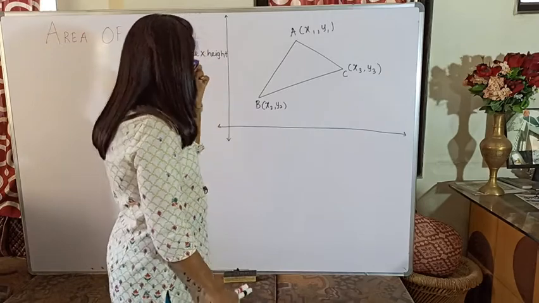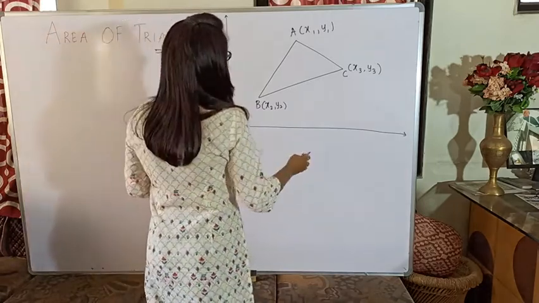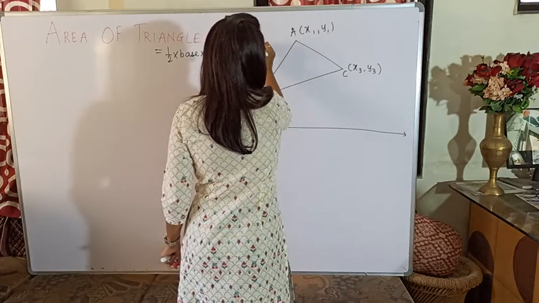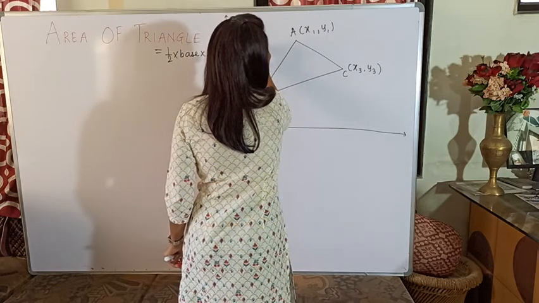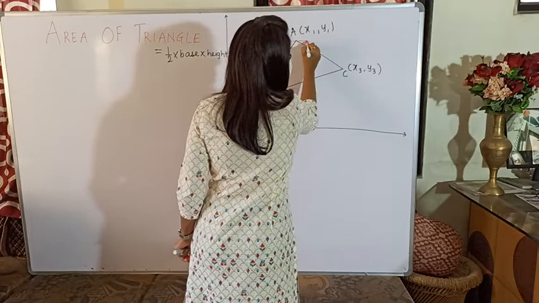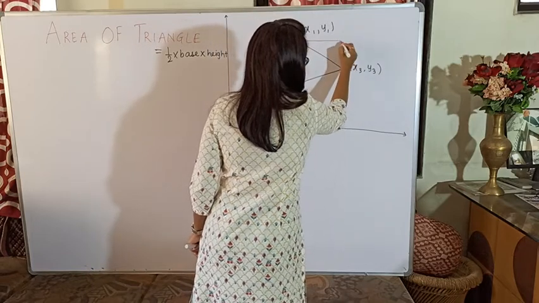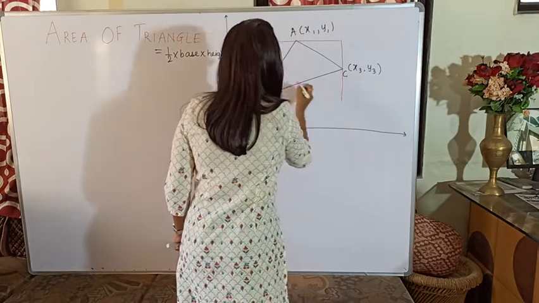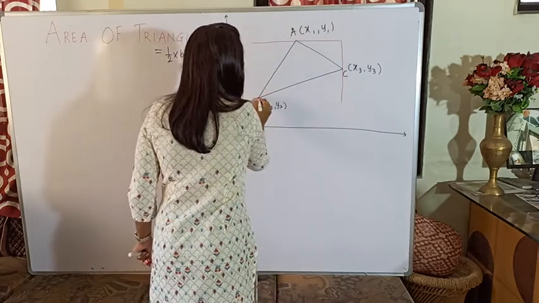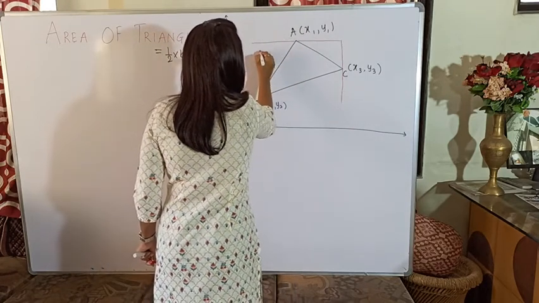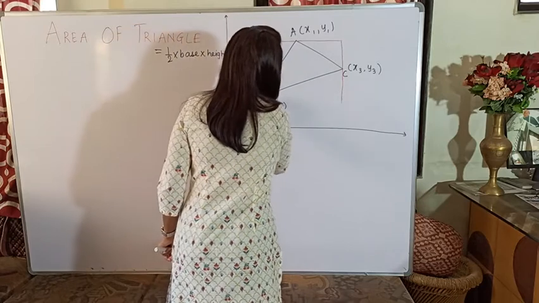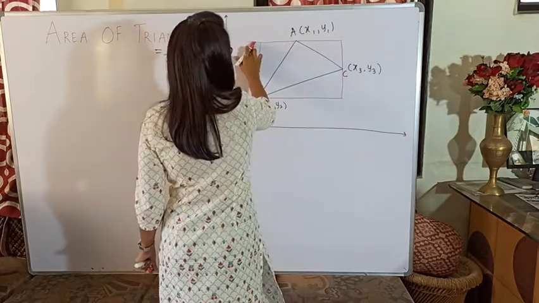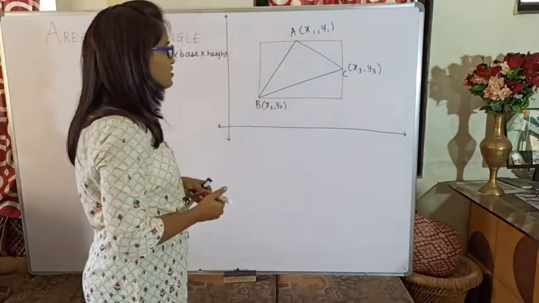Okay, so what I will be doing, I will be considering a rectangle which is enclosing this triangle. Let me draw this rectangle. It should be intersecting the vertices of the triangle. Okay, so as you can see I have got a rectangle out here.